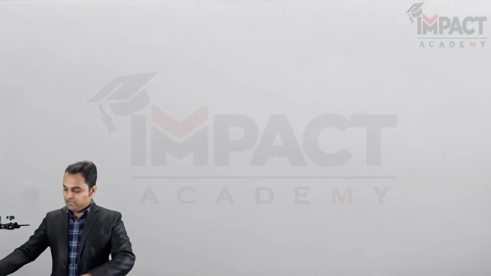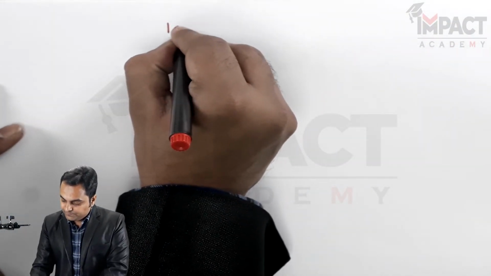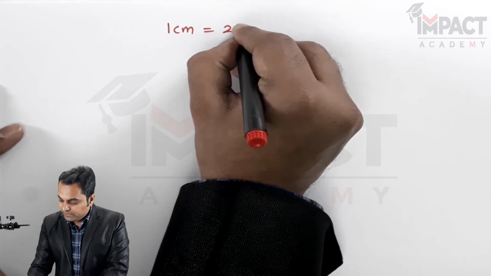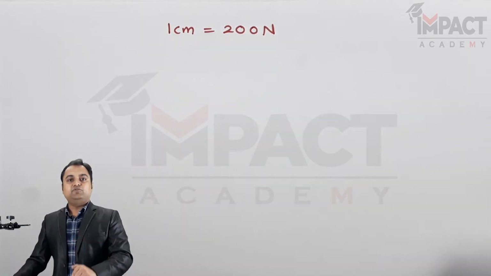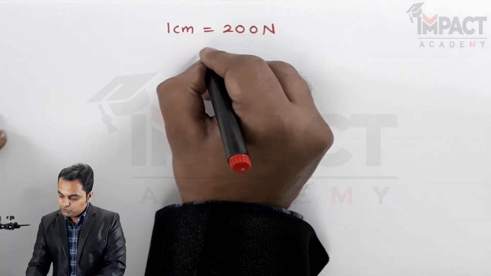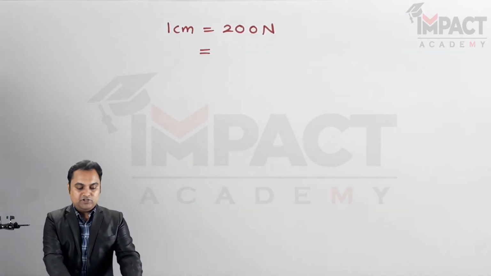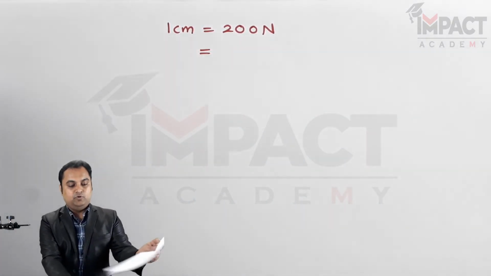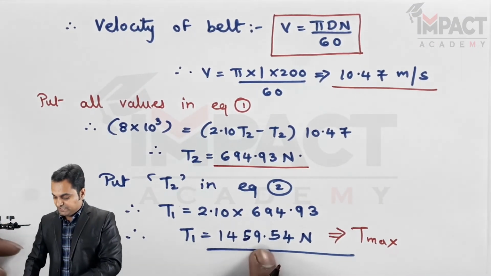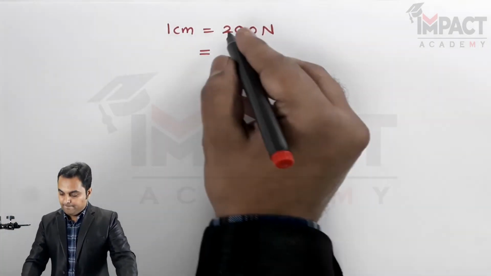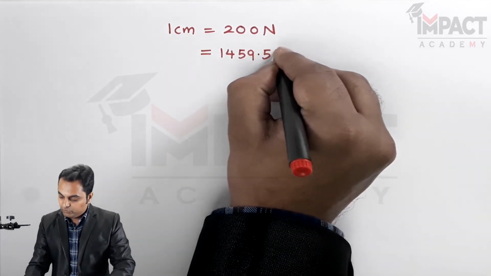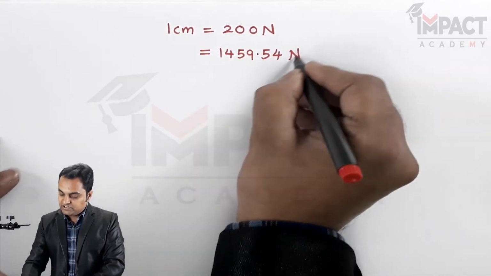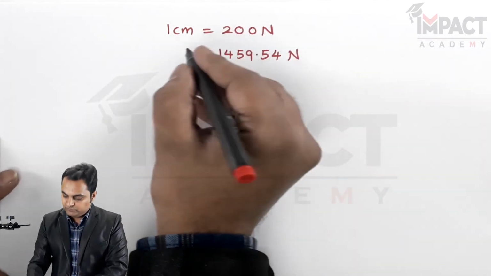So if 1 centimeter can resist a load of 200 Newton and we have to find the width of the belt, so the load for which we are designing the belt is the maximum load for us, and that is tension in tight side having the value which is 1459.54 Newton.